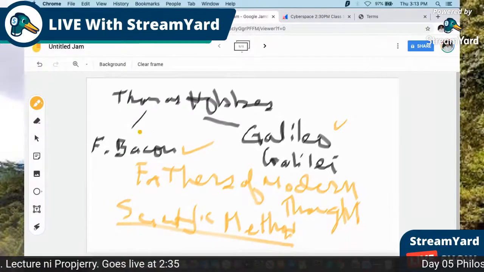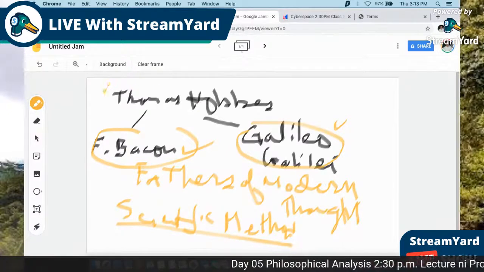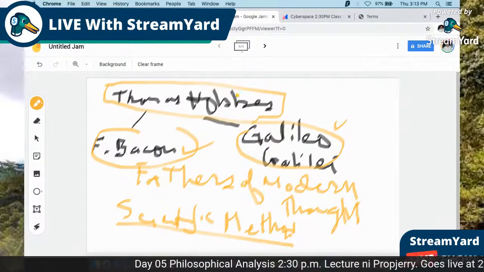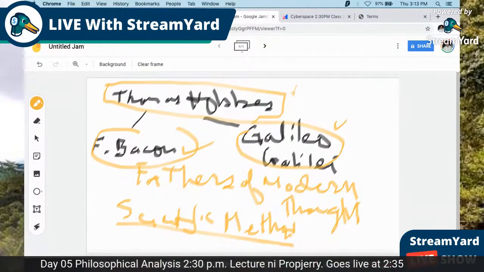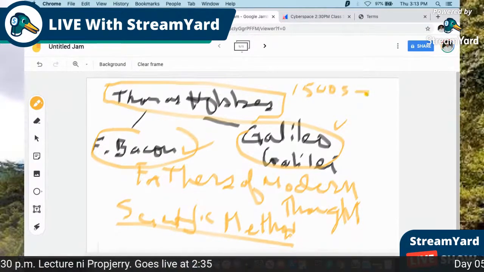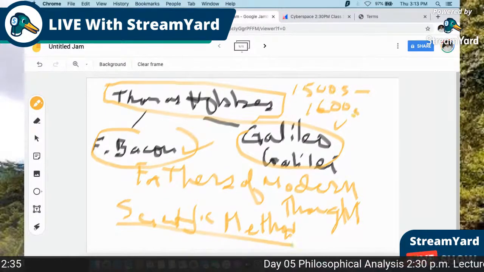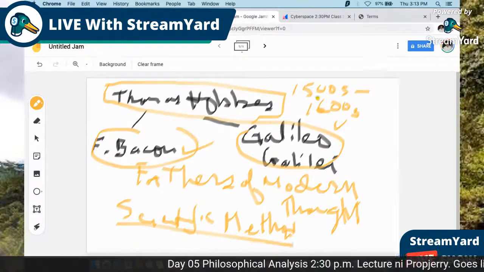These two. And who's the common friend? This fellow, Thomas Hobbes. When did they live? All of them, the 1500s to the 1600s. They lived in that period.